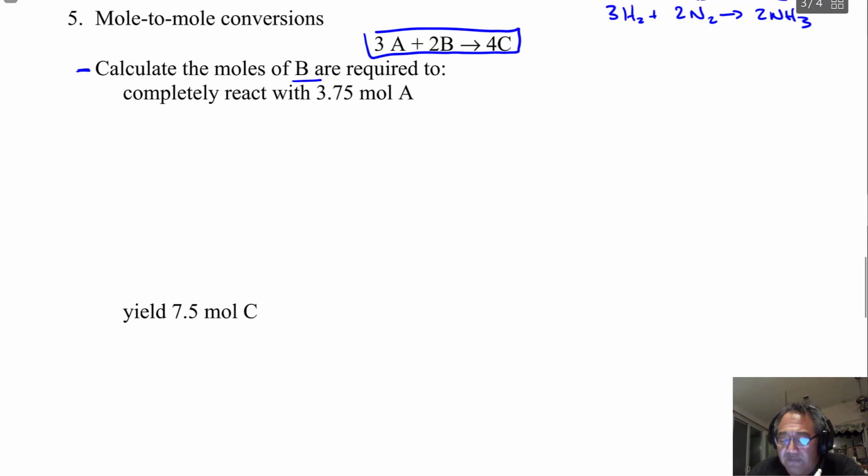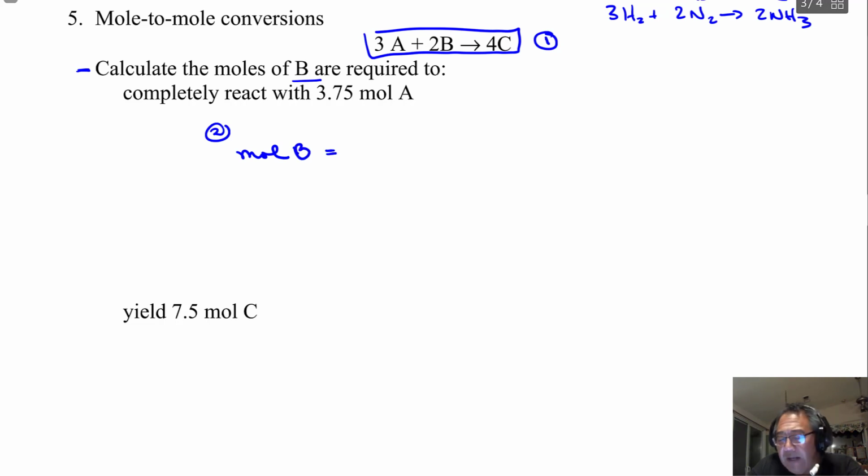It's a mole-to-mole conversion. I have a balanced equation, so this is the number one thing you have to have. The second thing you're going to do is start with moles of whatever you're looking for. But remember, always on the left-hand side, I write what I'm looking for.